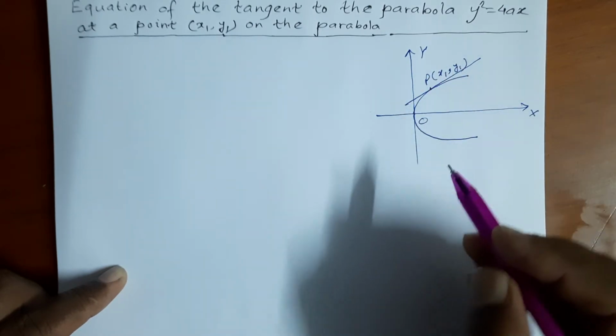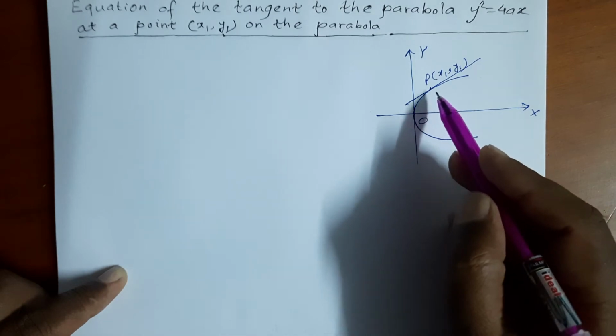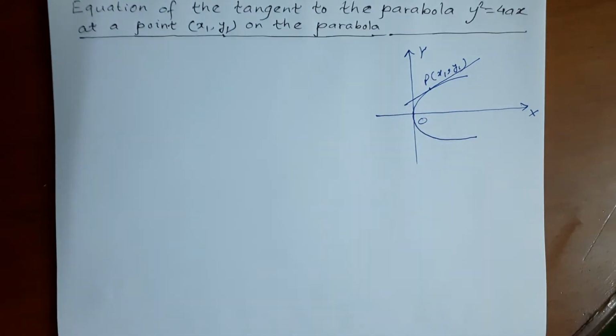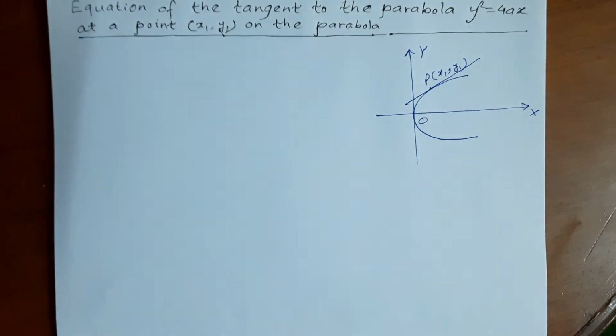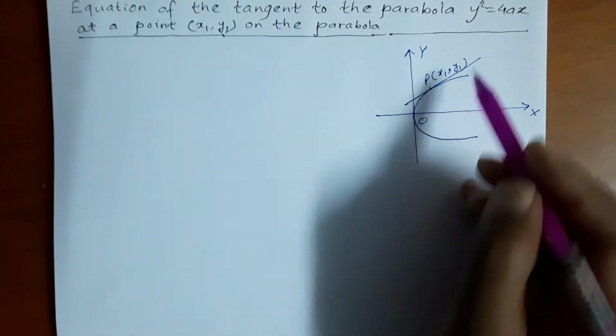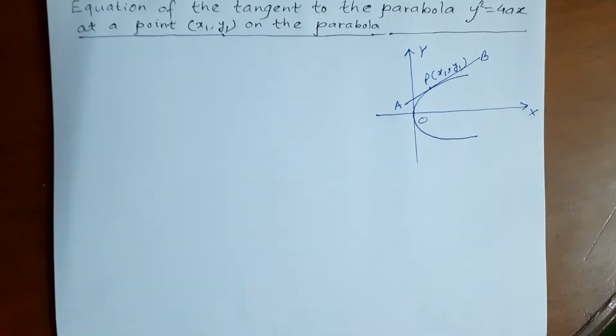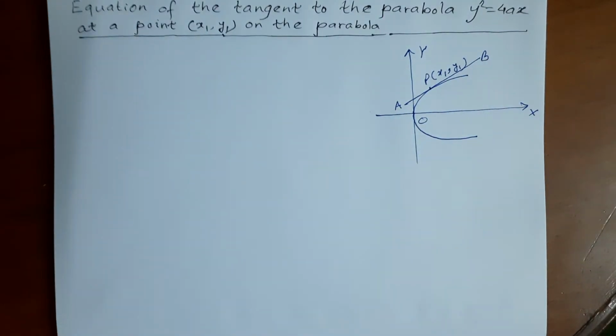So this is the tangent line to the parabola at this point P. Now we need to find the equation of this tangent line. Suppose it is AB. The equation of tangent AB we have to find.